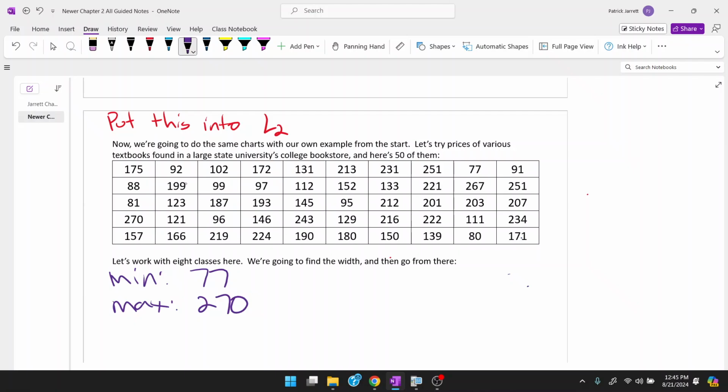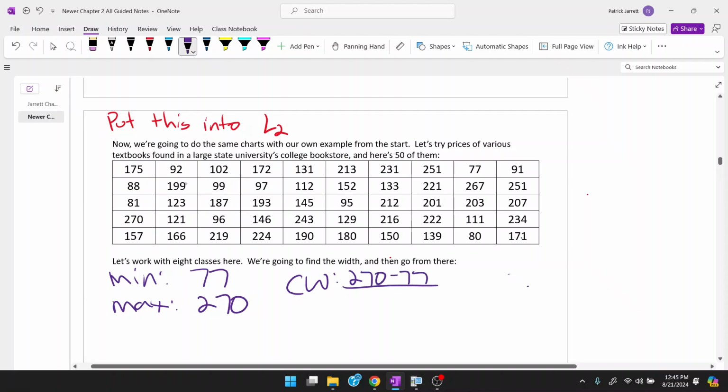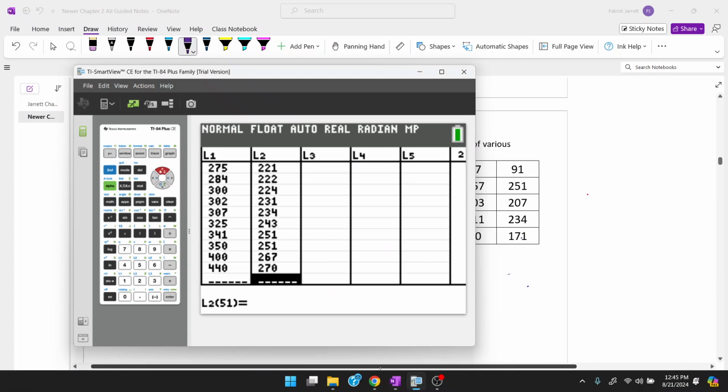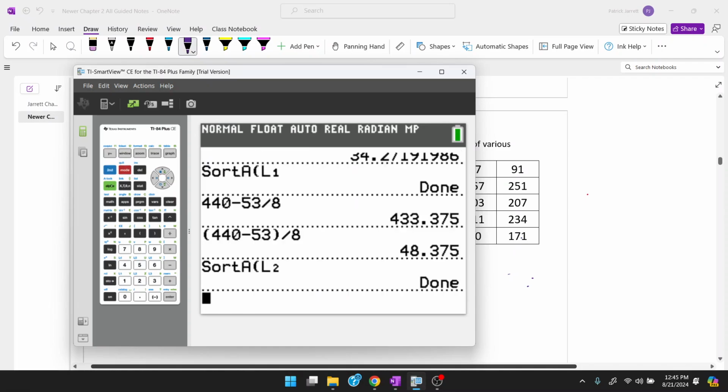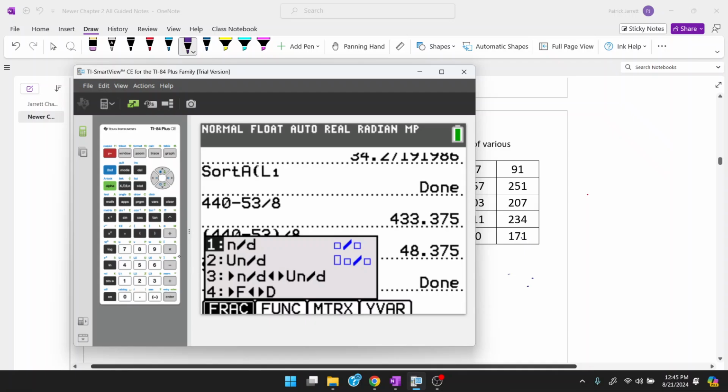So with that in mind, let's figure out the class width. 270 minus 77 over how many classes? 8. Now, here's a cool thing. If you hit alpha and y equals, whether you have a black and white or a color calculator, you'll see this.